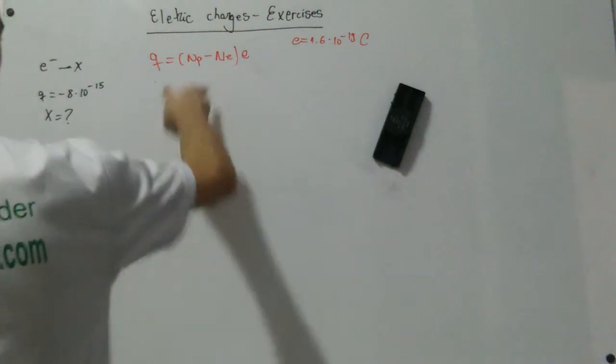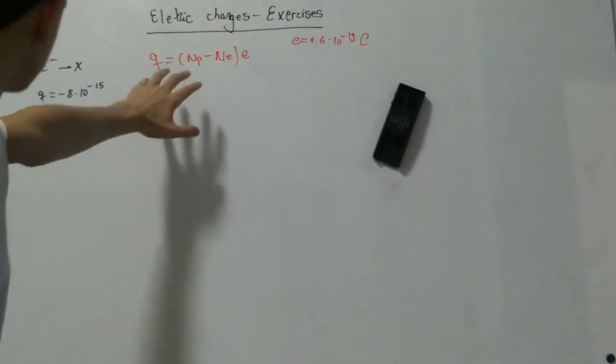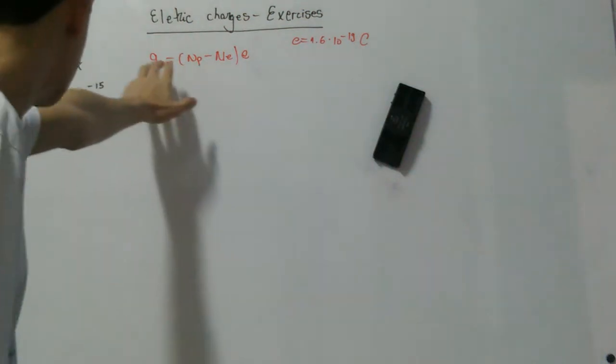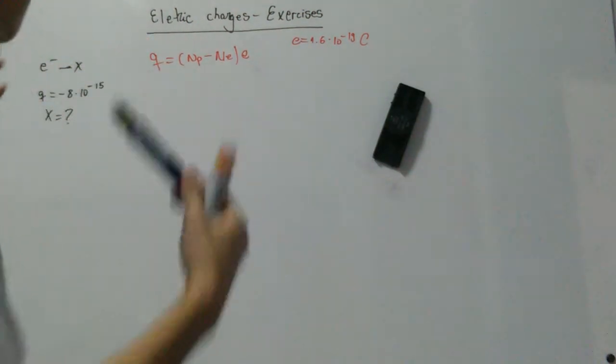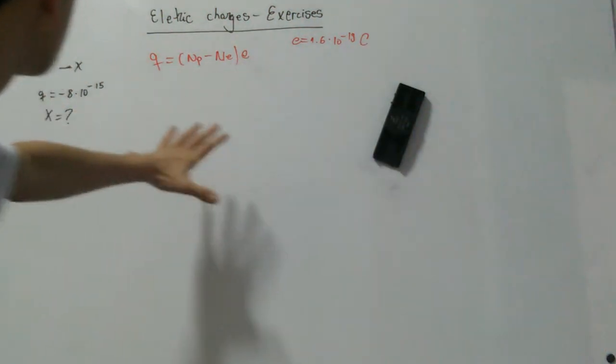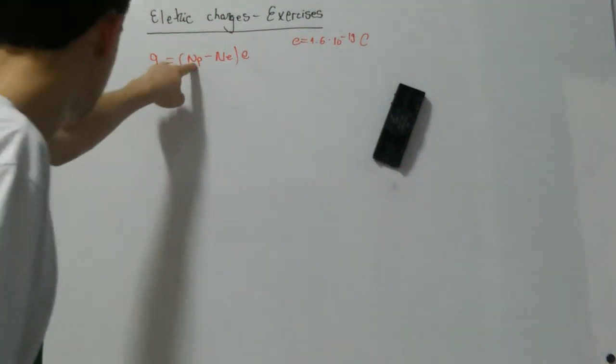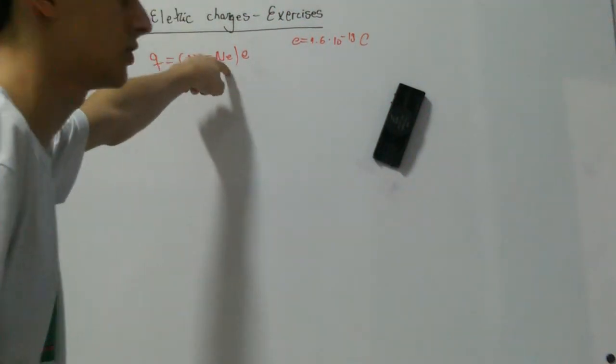So, why do you have number of protons minus number of electrons? I want to explain this. Basically, we saw that the charge is always going to be an integer multiple of E, because you can't have half a proton and then half E. You have an integer number of protons and an integer number of electrons.